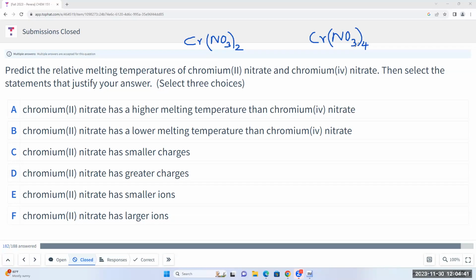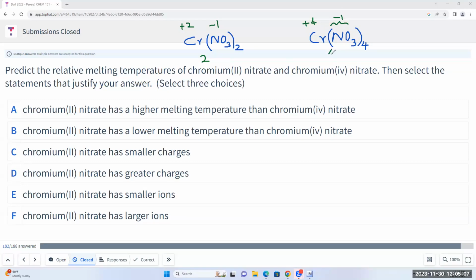Okay. Now, which one should have a lower melting temperature or higher melting temperature? Okay. So for chromium, let me use a different color. For chromium 2 nitrate, chromium is +2 because you are told that it is the case, and nitrate is -1. The charge product is 2. And for chromium 4 nitrate, chromium is +4, and nitrate is always -1.